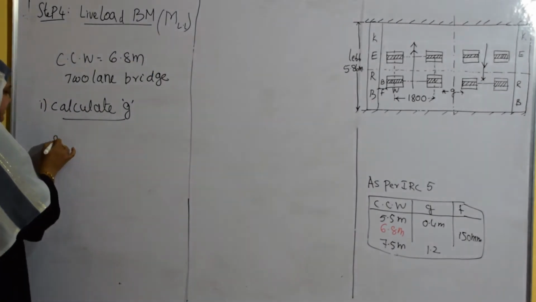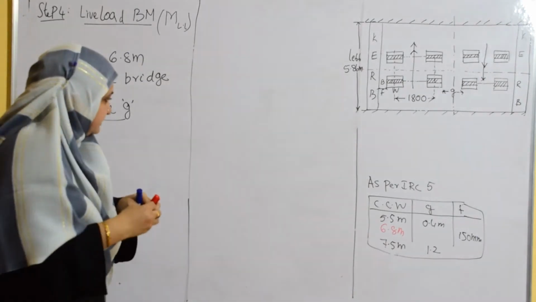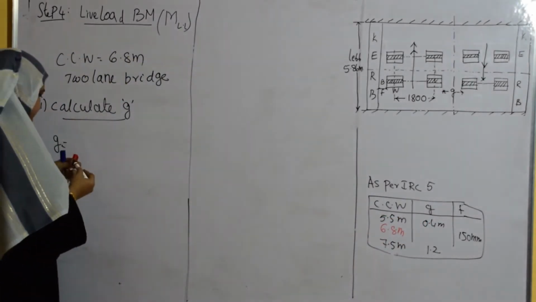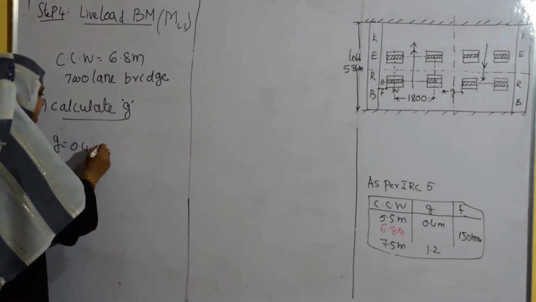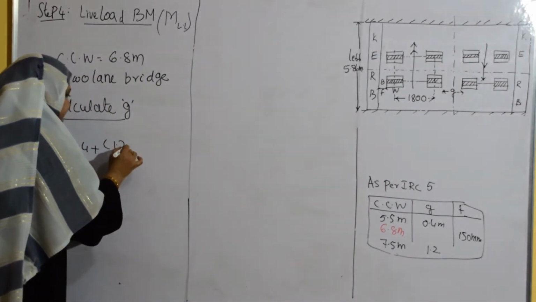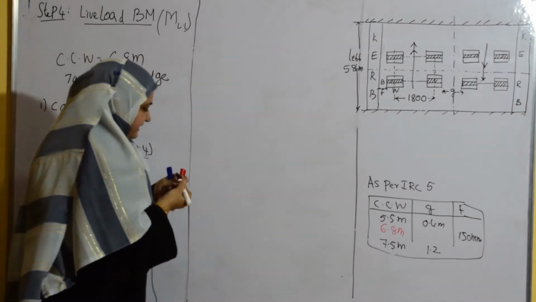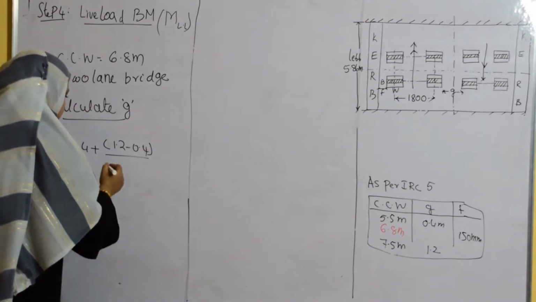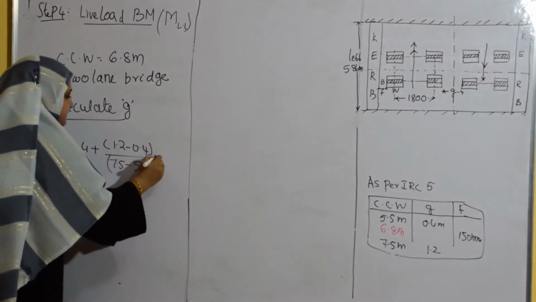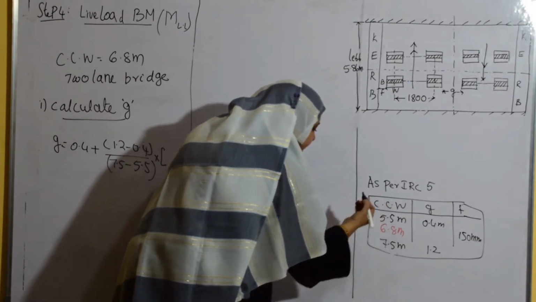G is equal to the lower value 0.4, plus (1.2 minus 0.4) divided by (7.5 minus 5.5), the clear carriageway upper value minus lower value, multiplied by the difference (6.8 minus 5.5).